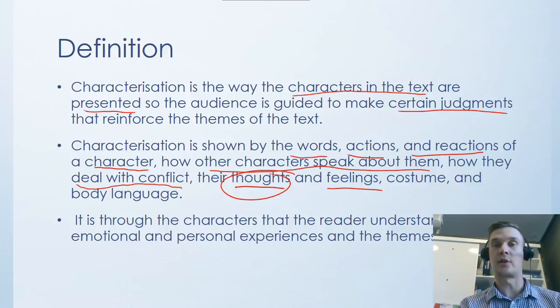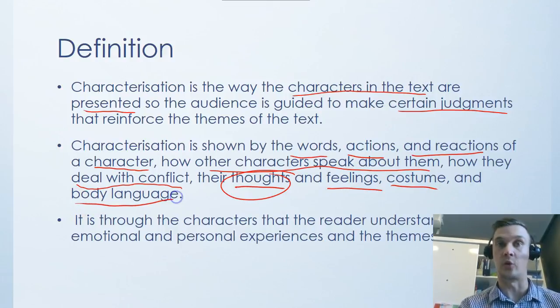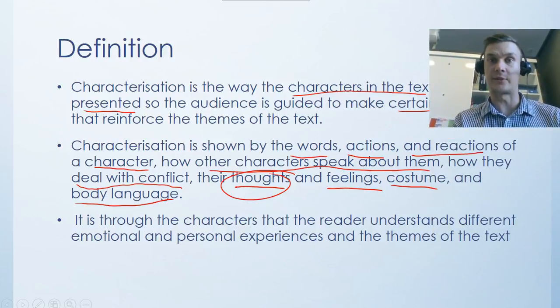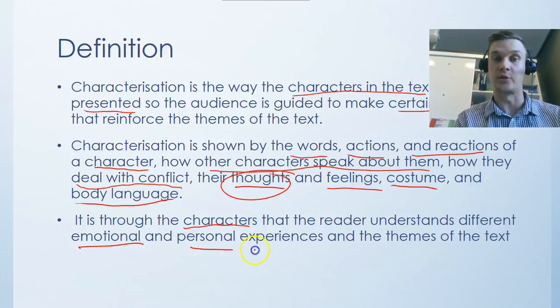It's also important that we understand that they do it through costume and body language, so how they look. This can be done through film, but also through books. So how do they make them feel, or how do they look, especially when they're doing particular parts throughout the narrative. The final part here is that it's through the characters that the readers understand different emotional and personal experiences.